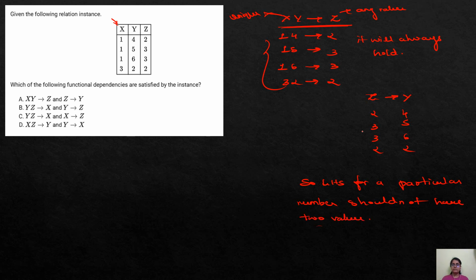And here we have two values for 3, which are 5 and 6. So here itself it does not hold. So we can say that option A is wrong.